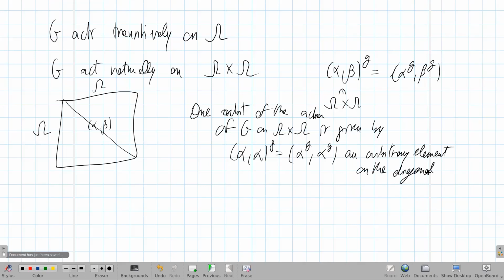So this is one orbit. And then what are the remaining elements? The remaining elements are the elements outside the diagonal.